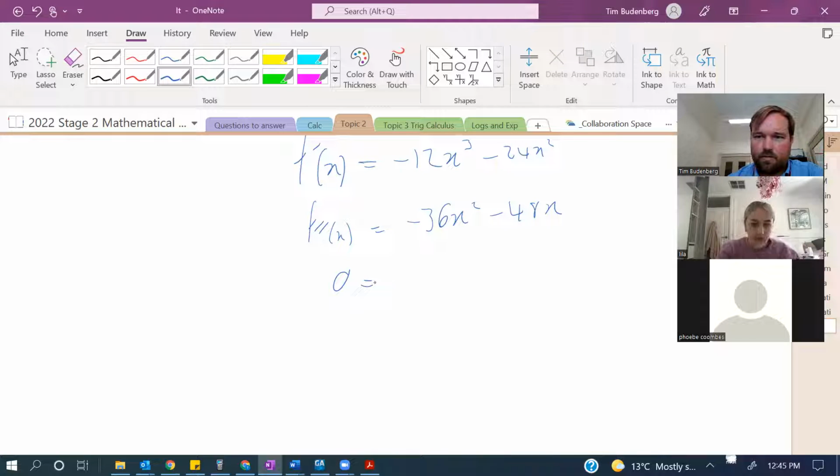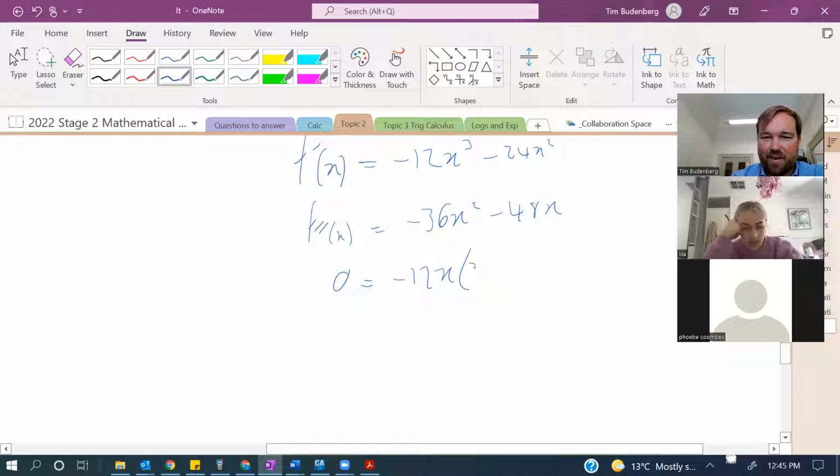You take out the -6x. Nice. I'd probably go further and take out -12x, but -6 would be fine. And that will leave you with 3x plus 4. Then you've got two solutions.